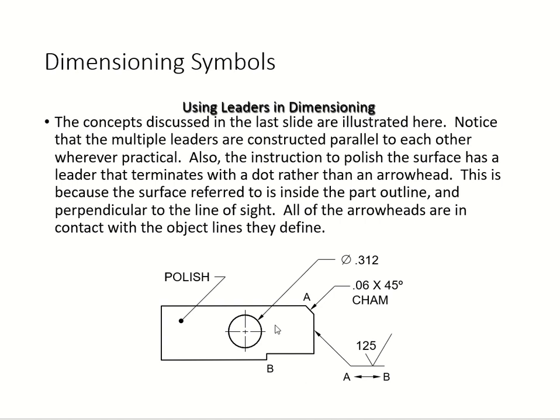All the leader lines, see how we make sure the arrowhead is in contact. They are completely in contact with the object lines that they're defining. Defining this, and the circle, and then this one is just a polish because it's showing inside.